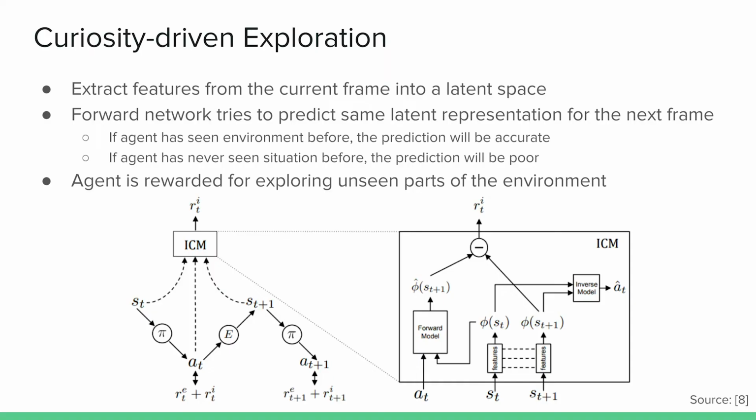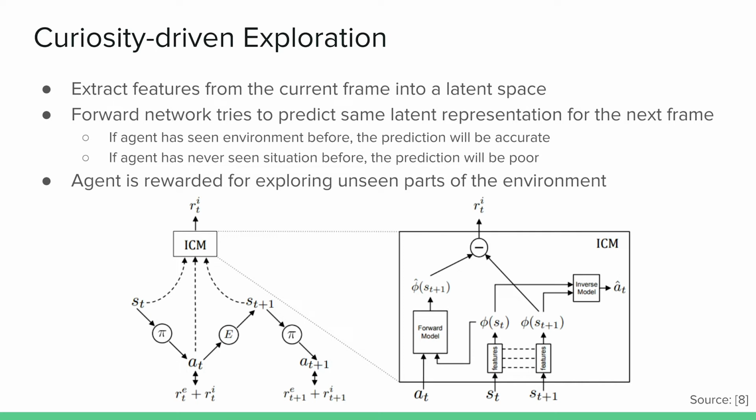Another interesting technique is so-called curiosity-driven exploration. You can extract features from the current frame into a latent space. Why would you do this? So between the thing that we can observe and the things that matter from our environment, that mapping would be learned from extracting features.